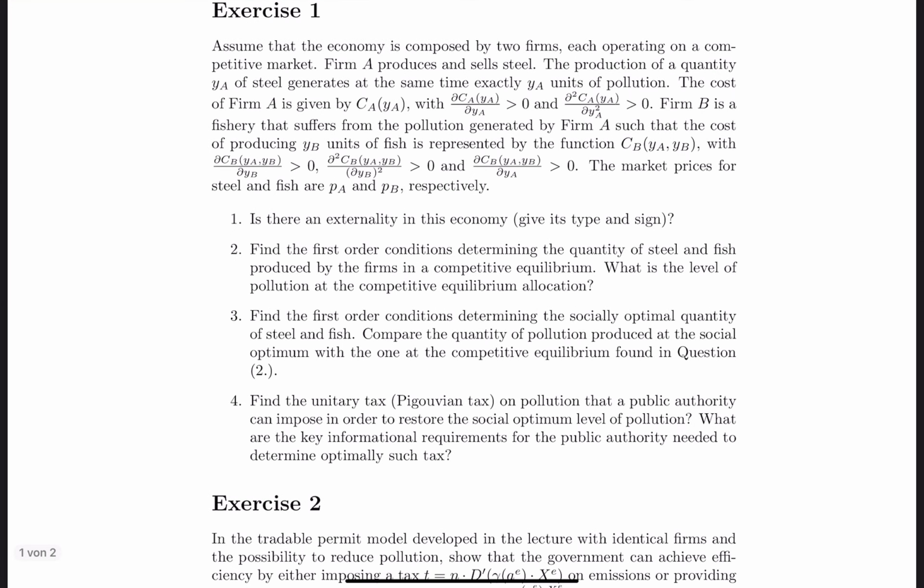So in exercise number 3, we are taking the role of a social planner, and we have to find the first order conditions which determine the socially optimal quantity of steel and fish. And then we compare the quantities that we find here in the social optimum with the ones that we found in the competitive equilibrium.